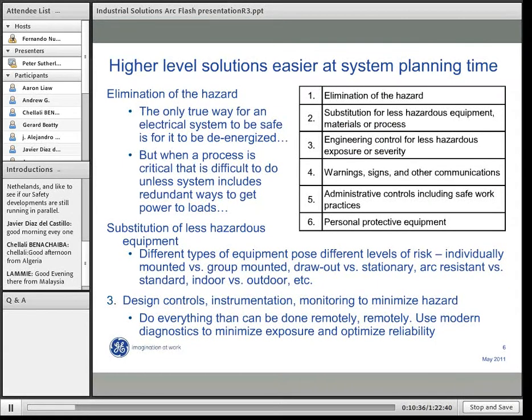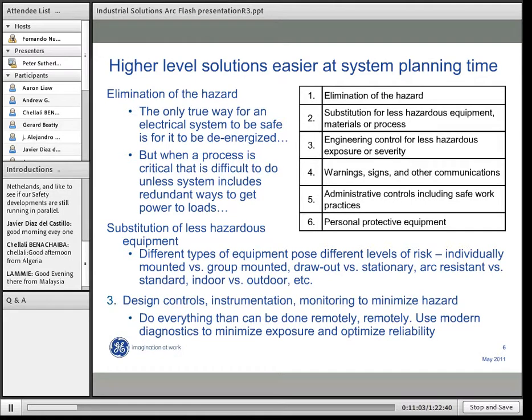But the only true way to work on an electrical system safely is when it is de-energized. And this involves the lockout-tagout process and grounding of the formerly energized conductors that you are going to be working on.